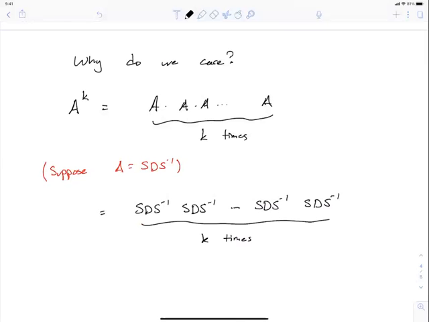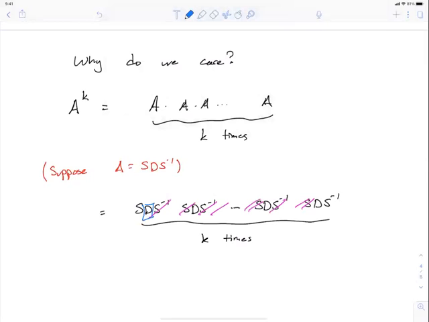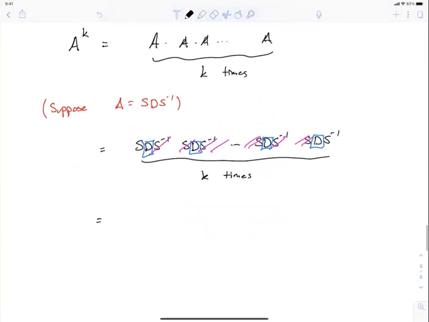And now the beauty here is these middle S's and S inverses are going to cancel. And so the only thing we're going to be left with is K of those D's in the middle, and one S at the beginning and one S inverse on the backside.